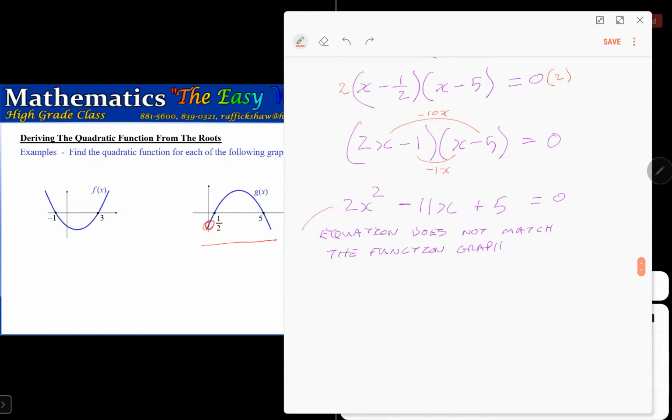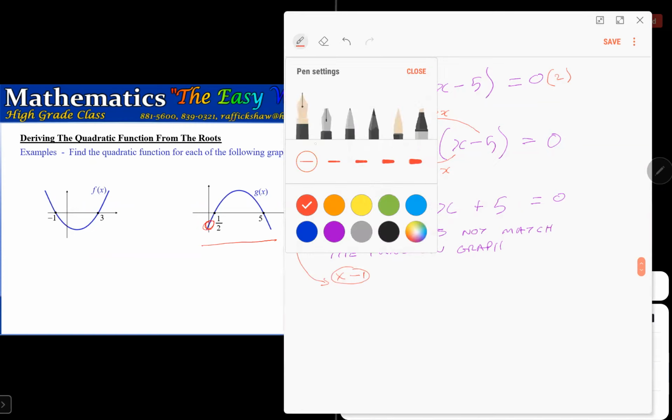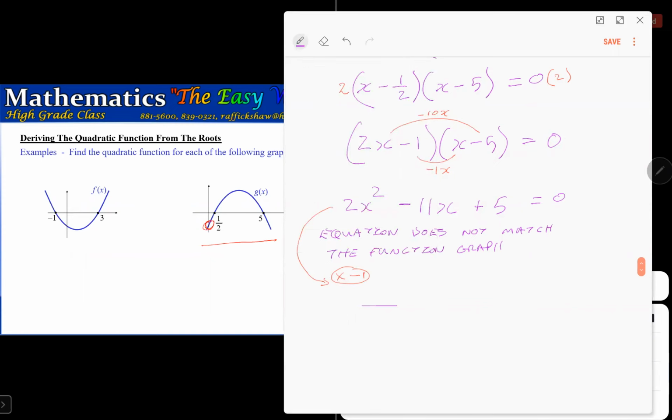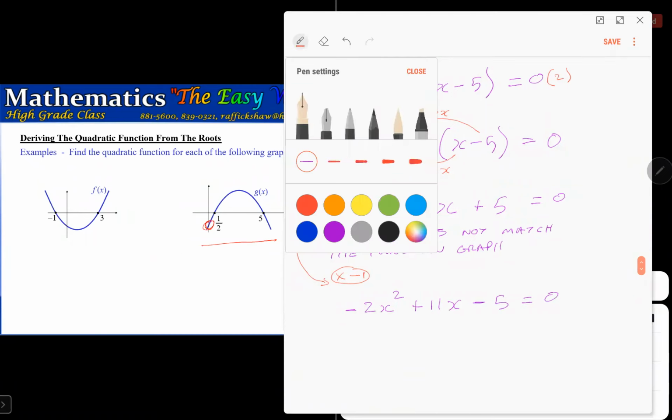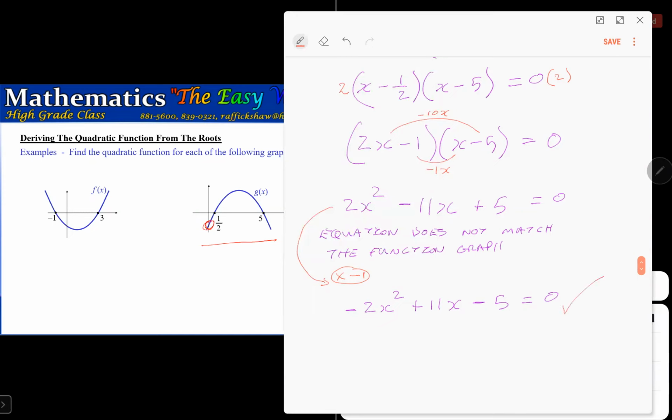So I take this equation and I multiply by -1. When I multiply the equation by -1, it's going to match because it becomes negative 2x squared plus 11x minus 5 equals 0. Then this now is a match.